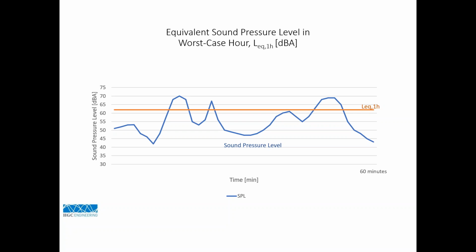Now, the blue line is the sound level that actually occurs over the duration of 1 hour at your site. You can see that it's intermittent, and it can change over time.